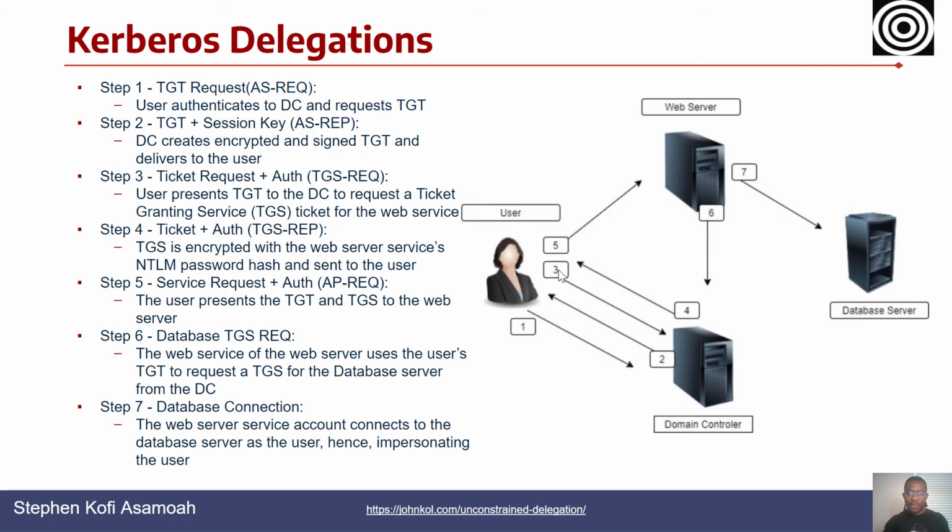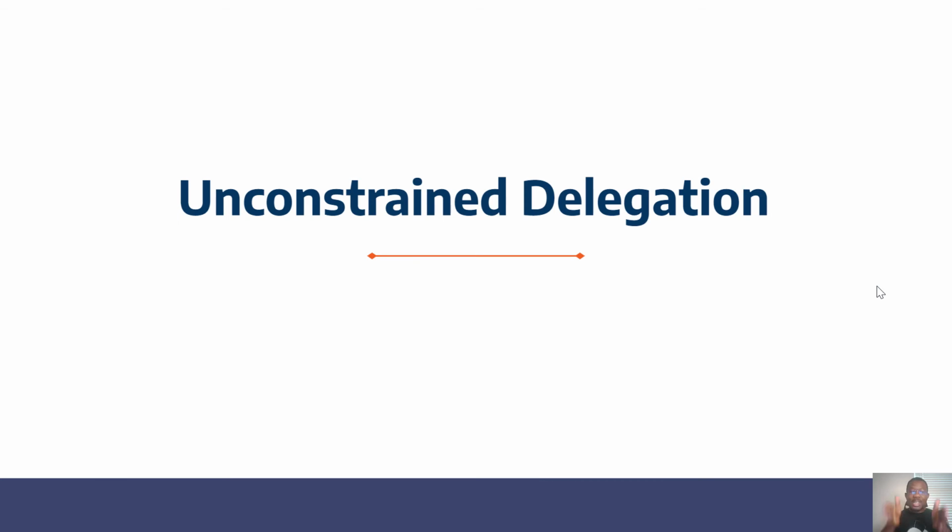Because if we can compromise a server, let's say this web server, which has unconstrained delegation on it, then we might be able to use this user's TGT to request a TGS for this database server or for any server that that particular user has privileges on. And that is a crazy part of that, right? So then that comes in the unconstrained delegation.